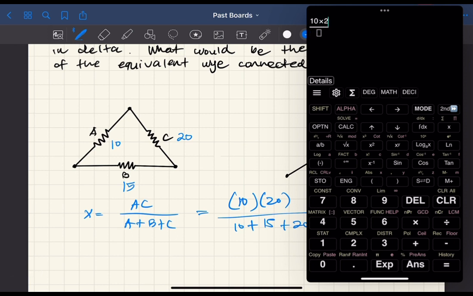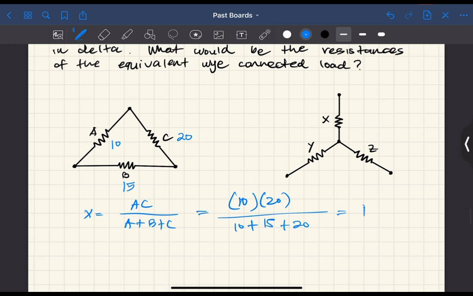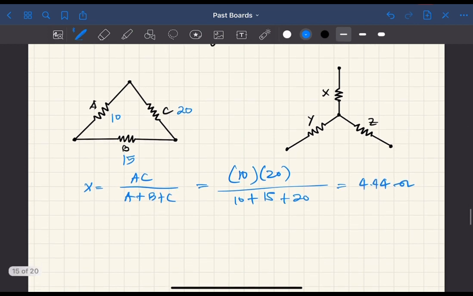This is approximately equal to 4.44 ohms.